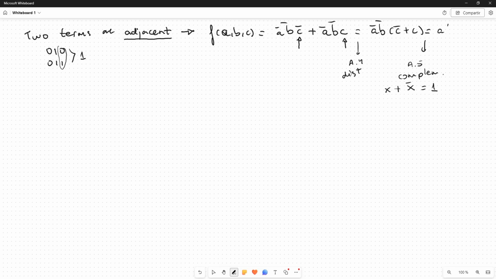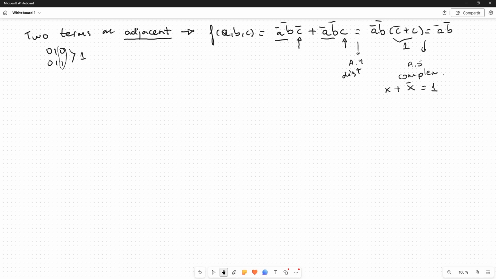So this is going to be like this. So when we have adjacent terms, we can simplify the functions just using the variables that are the same in both terms. You can check this for every function. So adjacency is a really useful resource to simplify functions.